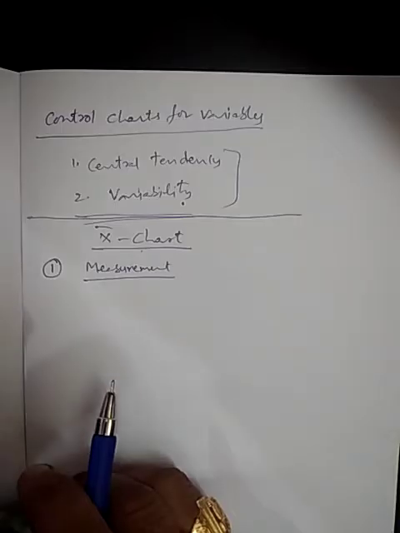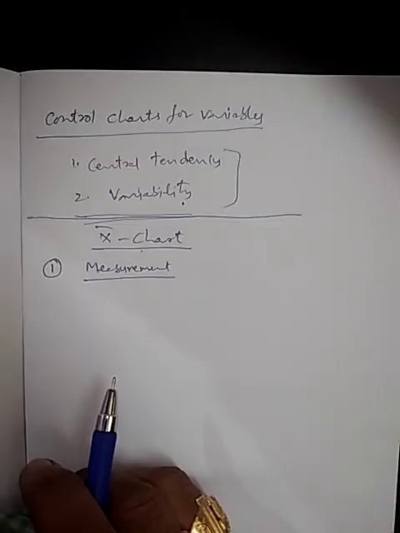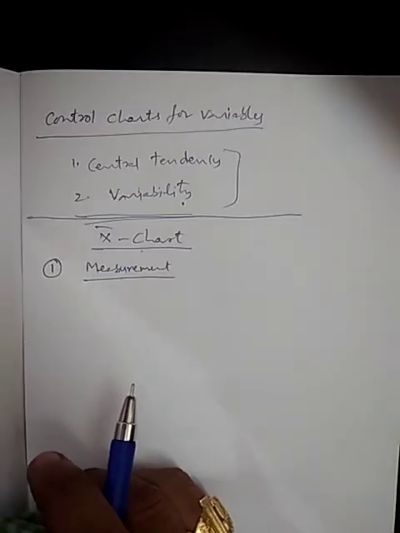For example, if you want to measure the diameter of an item, even though the diameter is the same, if one person measures it he will get one measurement, and if another person measures it, there may be some variation.